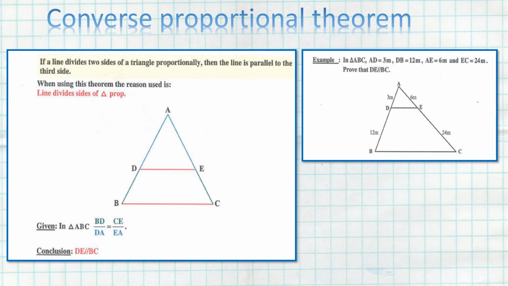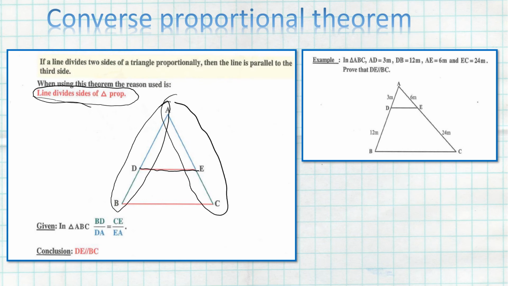But the converse starts at the end of the statement to say, if a line divides two sides of a triangle proportionally, then that line will be parallel to the third side. And the reason you will give for this converse theorem is that the line divides the sides of the triangle proportionally, right? Because if a line like this line DE is drawn, and it is dividing these two sides of a triangle proportionally.